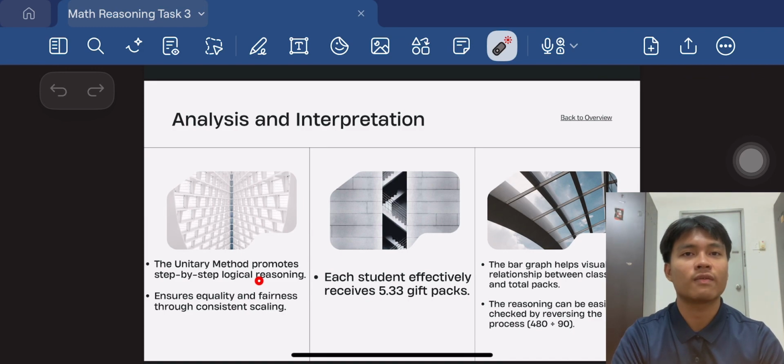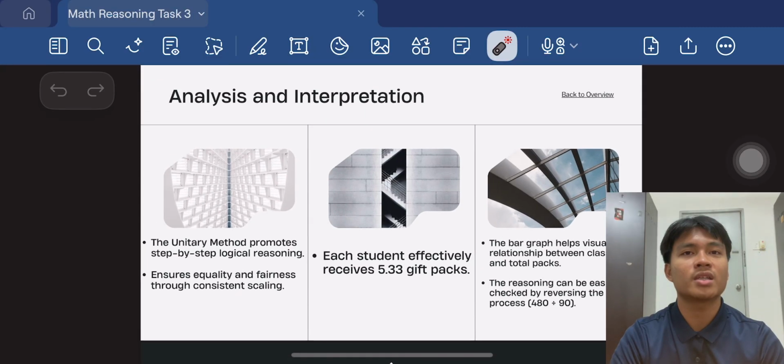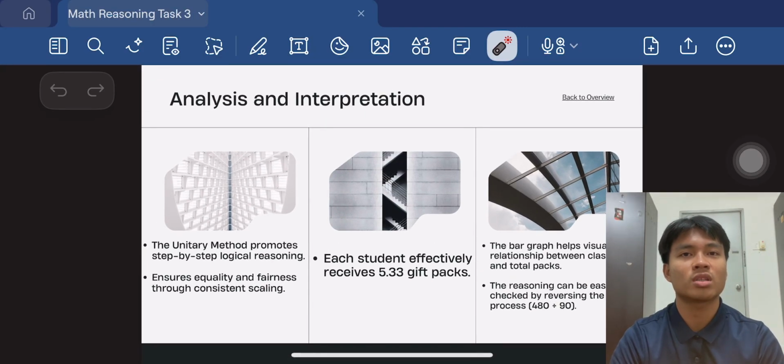The bar graph also helped me visualize the relationship. The bigger the class, the more total packs it receives. This shows how mathematics isn't just about calculation, but also about logical explanation and justification. It's reasoning in action.